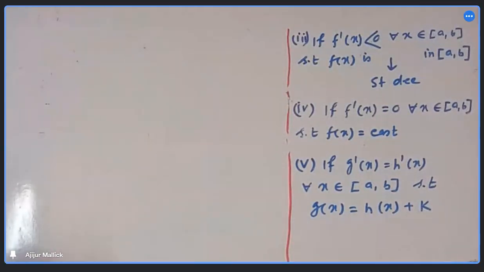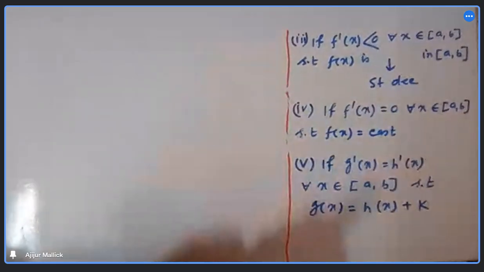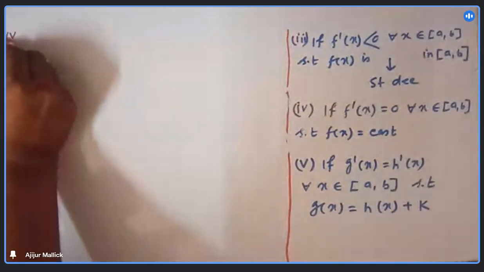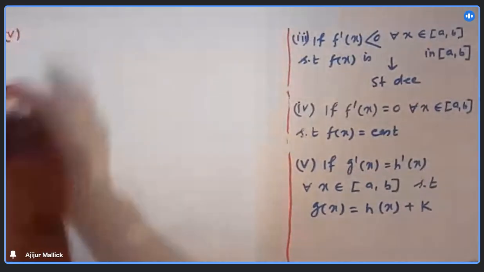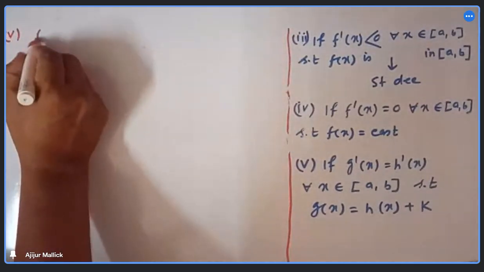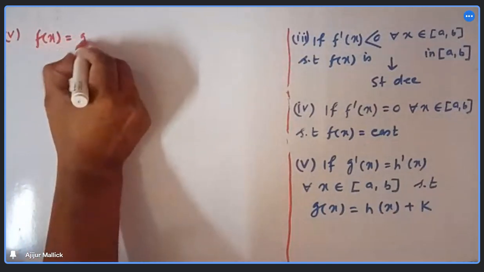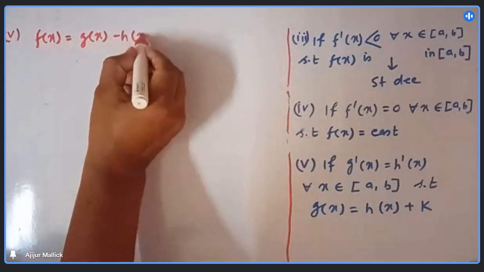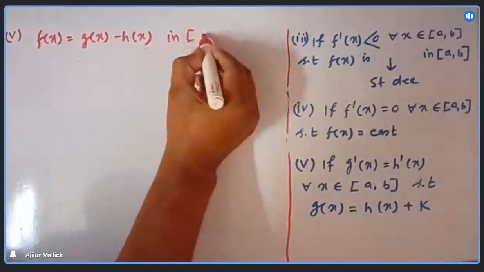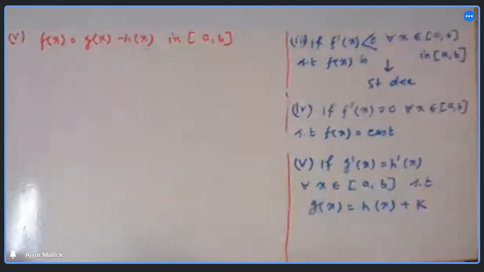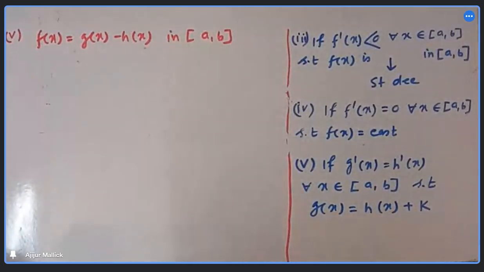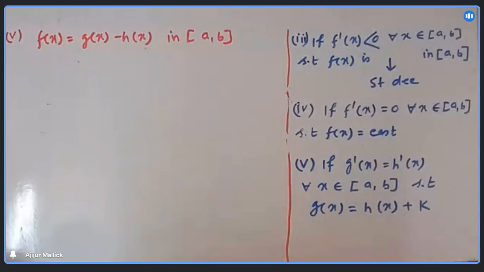Look, you have to proceed in this way. Look at the board. Here I shall consider number 5. Let f of x be equal to g of x minus h of x in the closed interval [a, b].